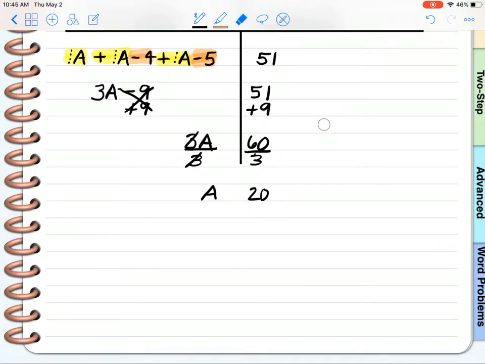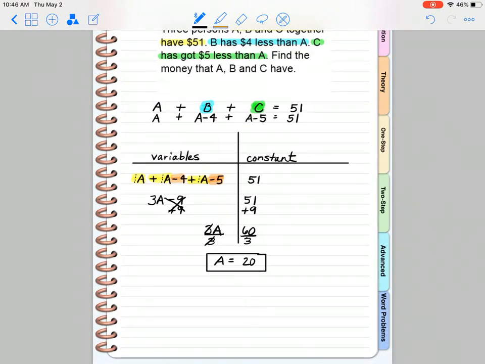So whoever these folks are, person A has $20. And maybe that person is Mr. Adams or Mr. Applegate. It's variable. But person A has $20. But if you notice, it says to find the money that A, B, and C have.